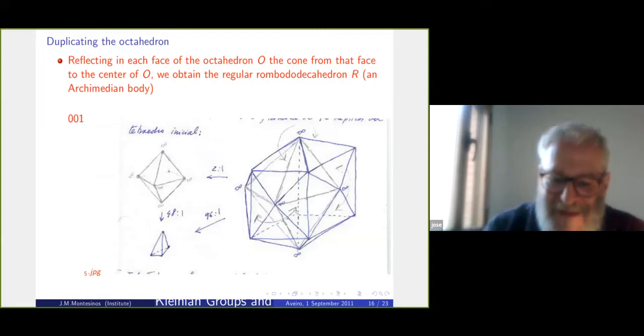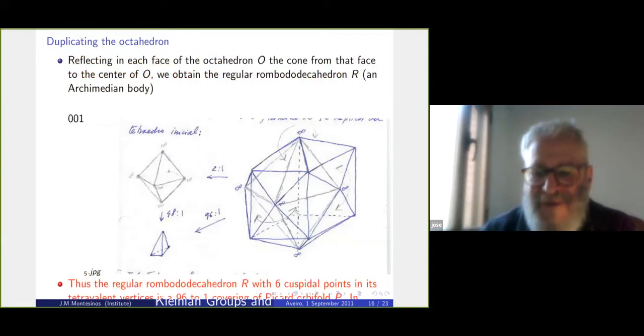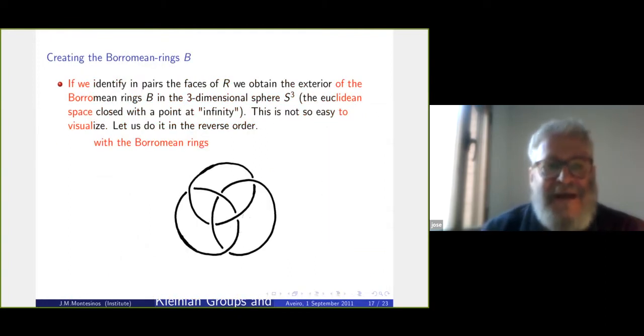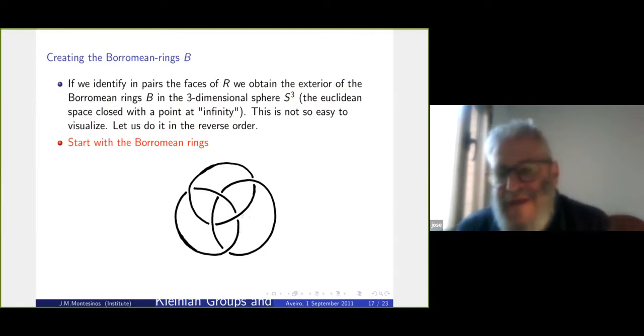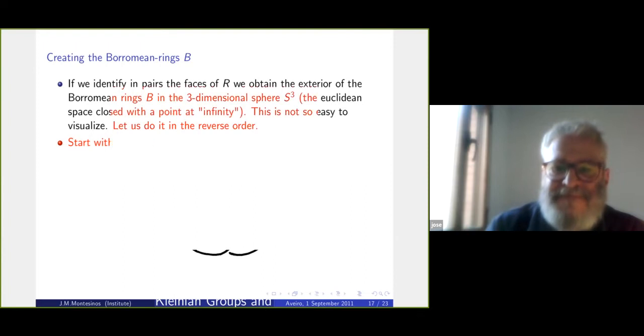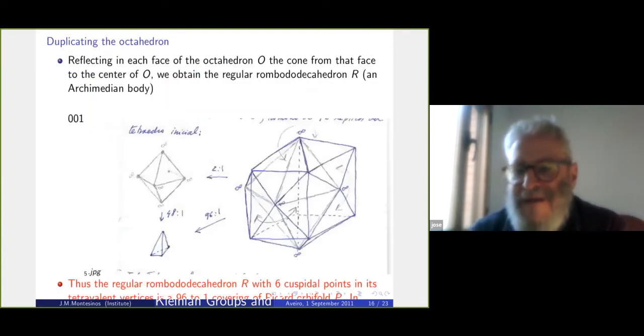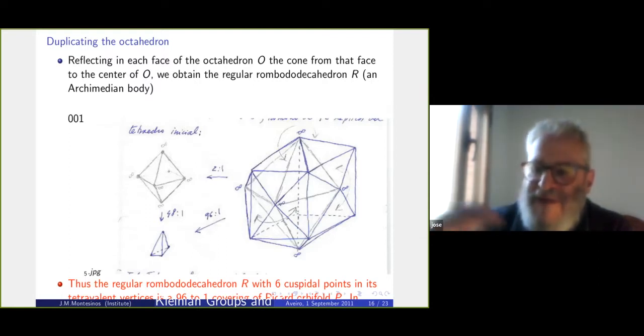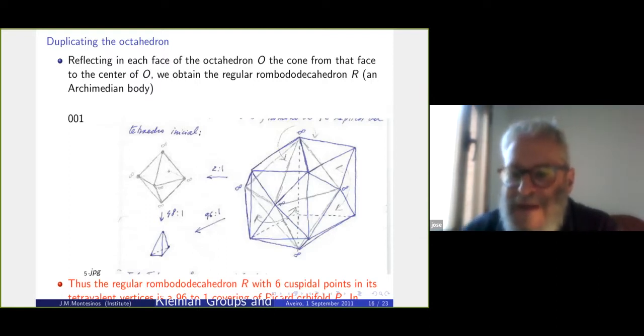So in fact, I think I have a copy of, let's see. Now, if we identify in pairs the faces of the rhombic dodecahedron, as is explained in the picture to the right, I mark the identification with some sort of arc, so that gives you the idea of the identification of the faces.